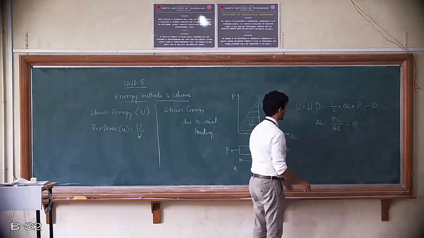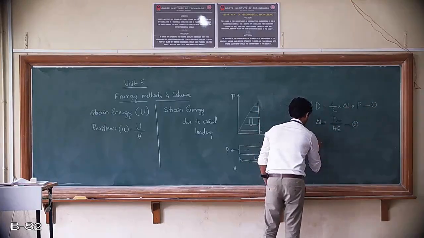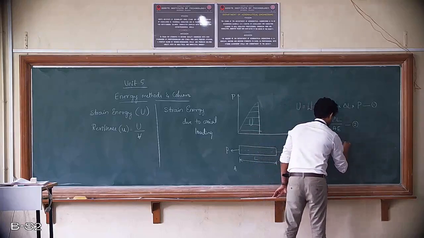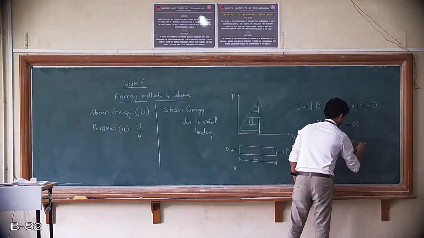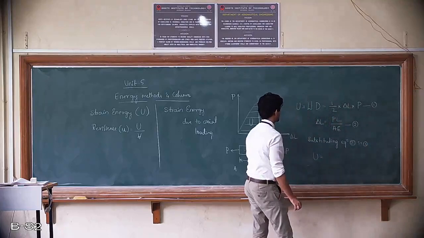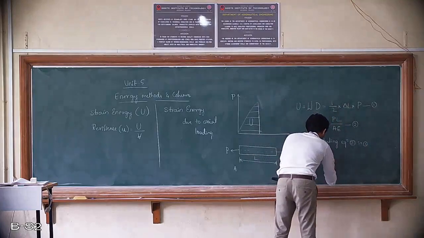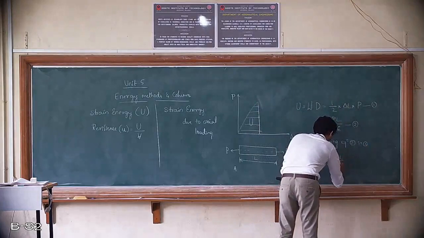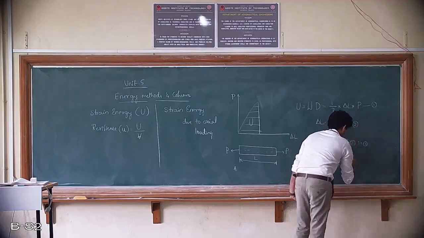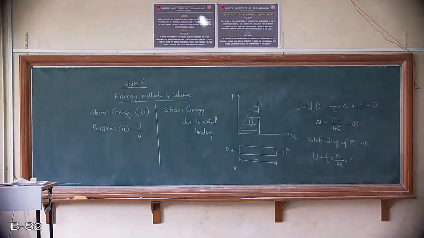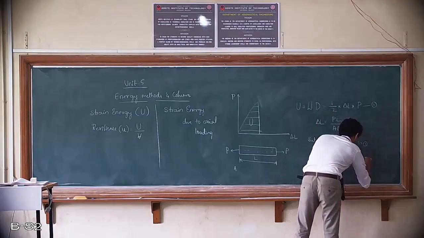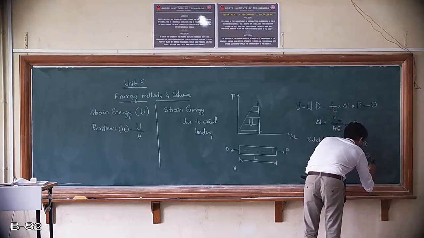Substituting equation 2 in equation 1, we get strain energy equal to half times PL by AE times P, which we can rewrite as P square L by 2AE.